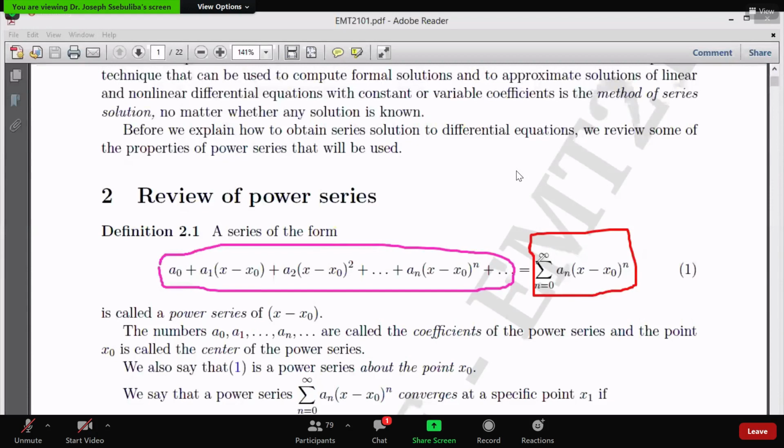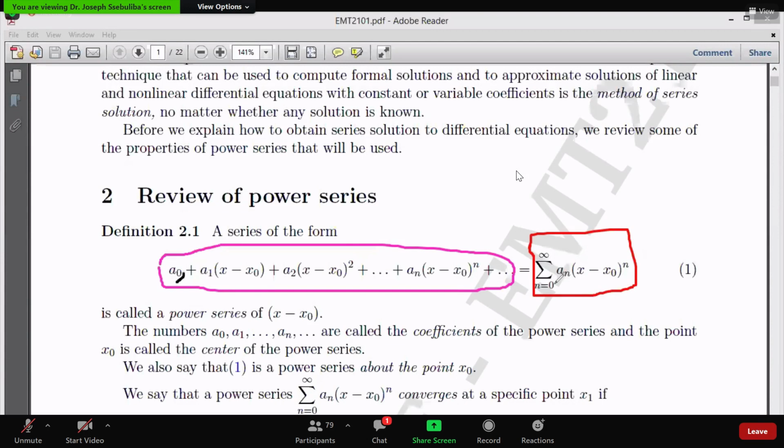If you expand this here, you'll actually get what you have on the right-hand side, rather than the left-hand side. So if you substitute and you run from n equal to 0 to infinity, when you throw in the first value of n, which is 0, this will be a0 times (x minus x0) to the power n. Since n is 0, this whole term disappears because it is to the power 0. You remain with the a0, that is this one here.